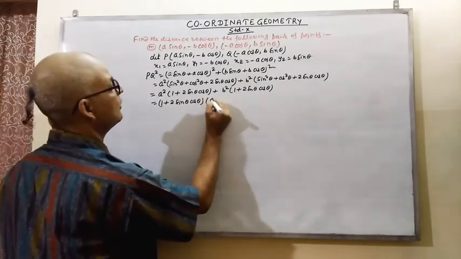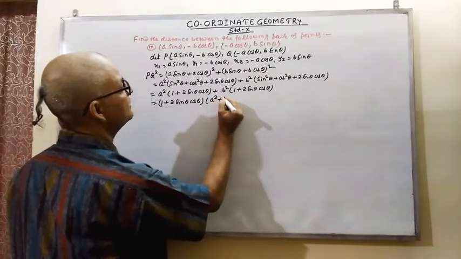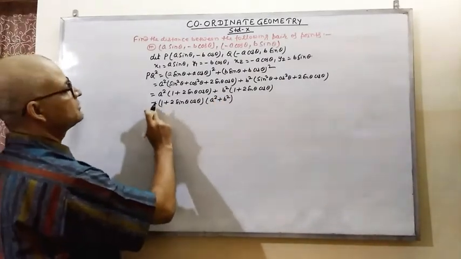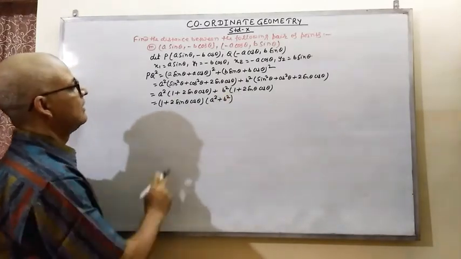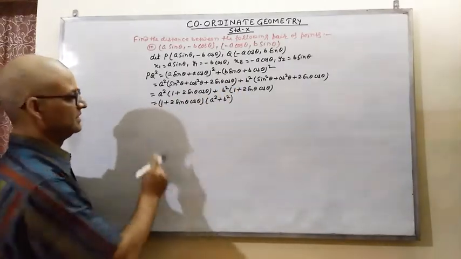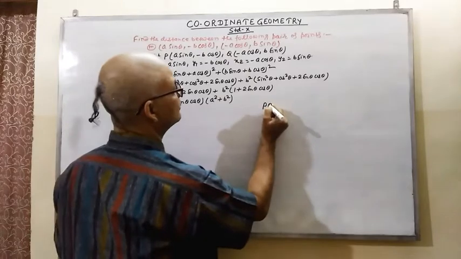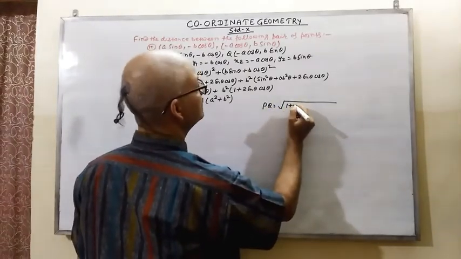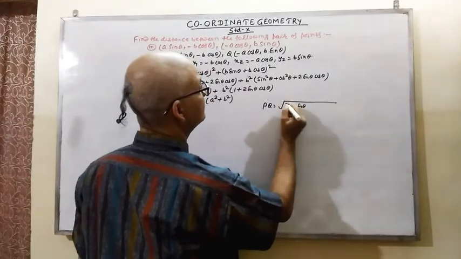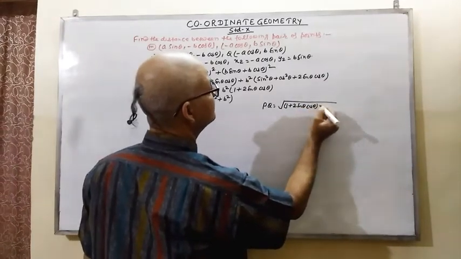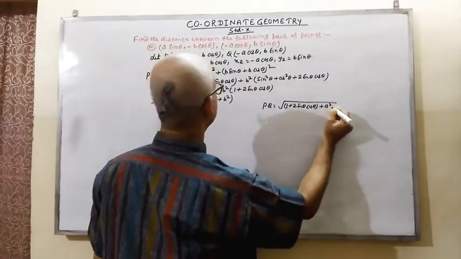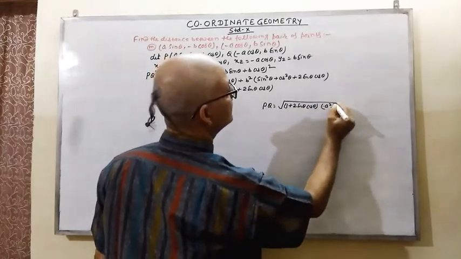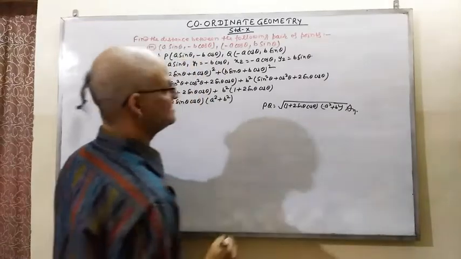So it remains now a square plus b square. After this, PQ is equal to root under this, which can also be written as the answer. So PQ is equal to root under 1 plus 2 sin theta cos theta into a square plus b square. This can also be written as the answer.